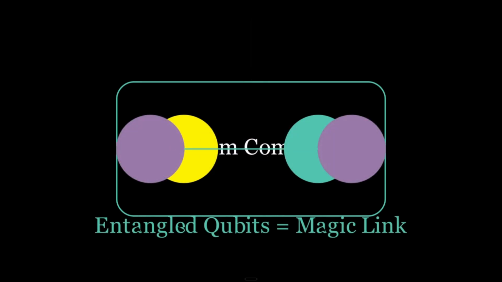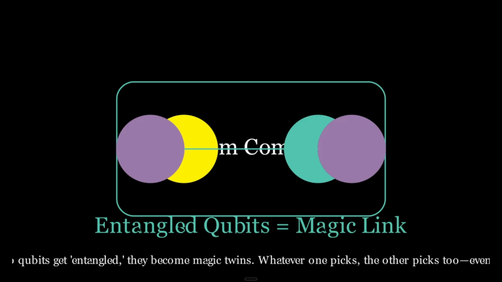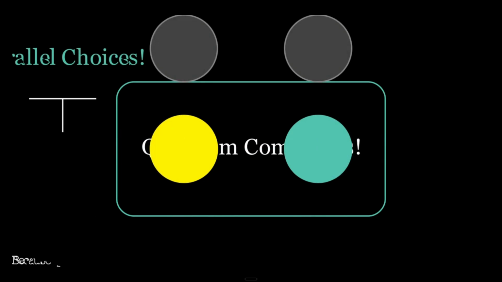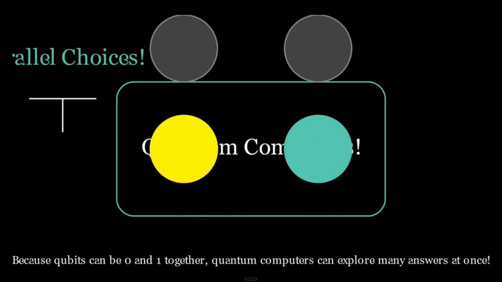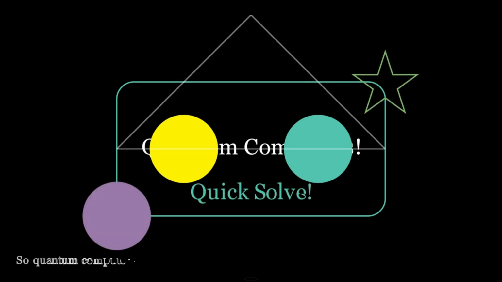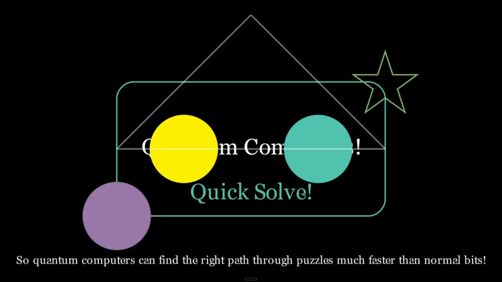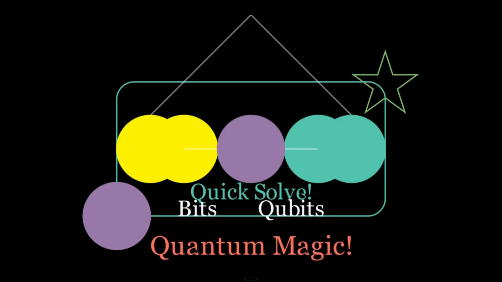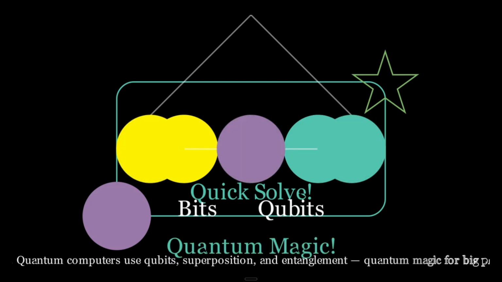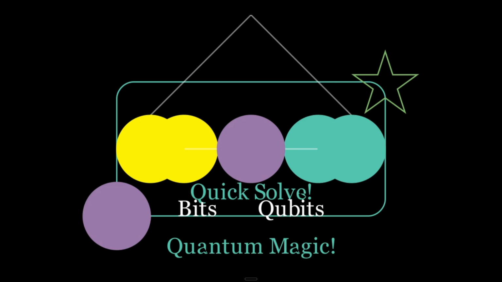Okay. Entanglement, magic link. They become like twins. It's a pretty good explanation for kids. Can explore many answers at once. That's true. And they can solve a lot of things. Quantum magic.